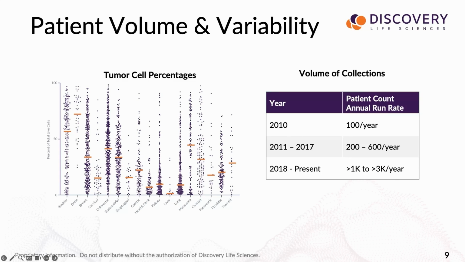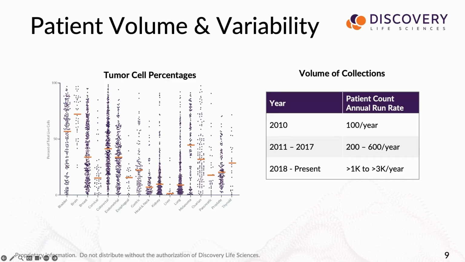So you can see, while there are some patterns where certain indications tend to cluster at a particular point in the spectrum, any individual tumor, any individual dot, can be as high as almost 100 and as low as almost 0.